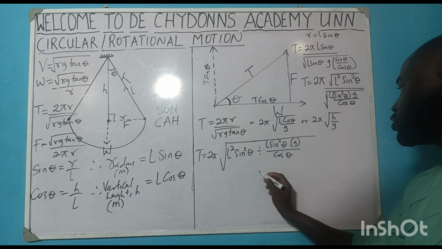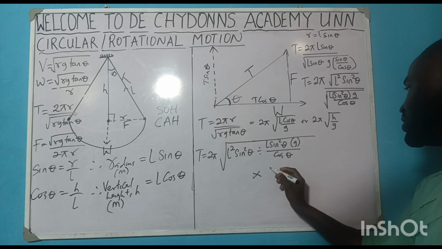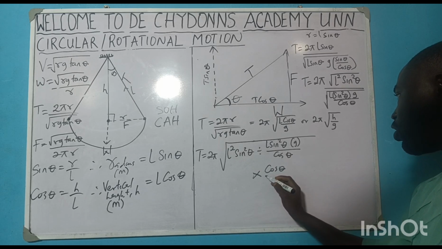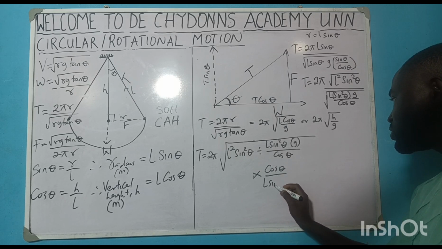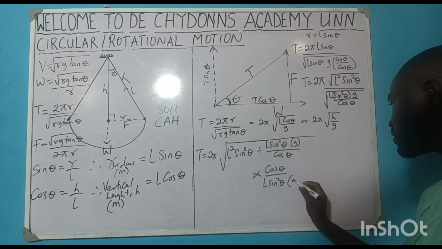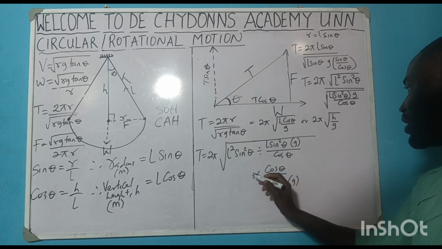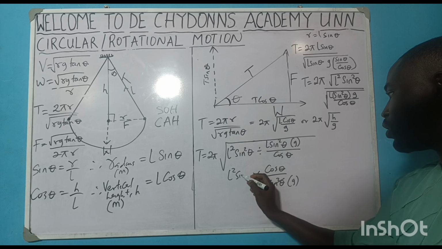If you change division to times, you invert this to give you cos theta all over L sin square theta bracket g. So this will cancel what we have here.